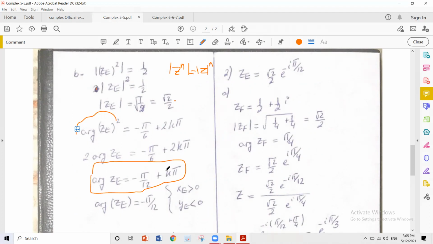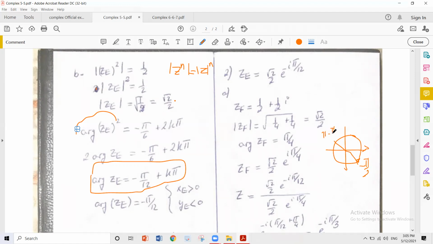This has 2 solutions on the circle because we have k pi, not 2k pi. For k equal to 0 we get minus pi over 12. For k equal to 1 we get pi minus pi over 12.